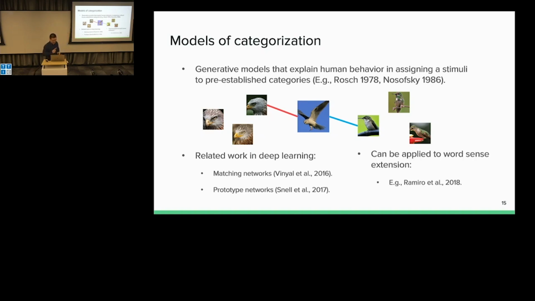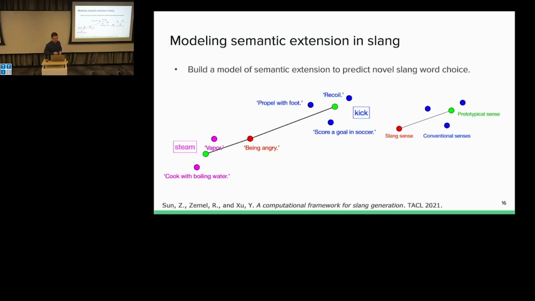This has been applied very successfully to modeling word sense extension, in learning how words acquire different senses as they change over time. As an example, now instead of categories of birds, we take each word as a category, and each of its dictionary senses as an attribute or exemplar.